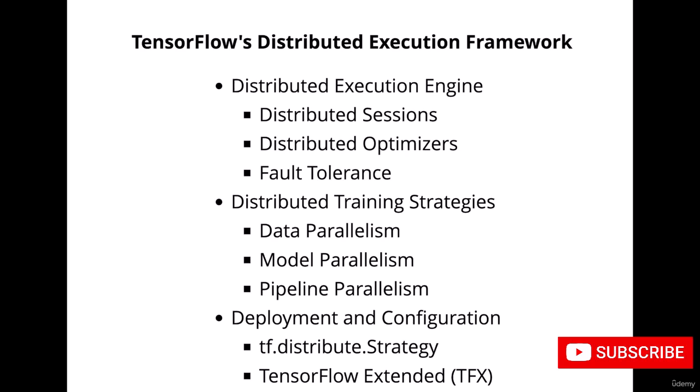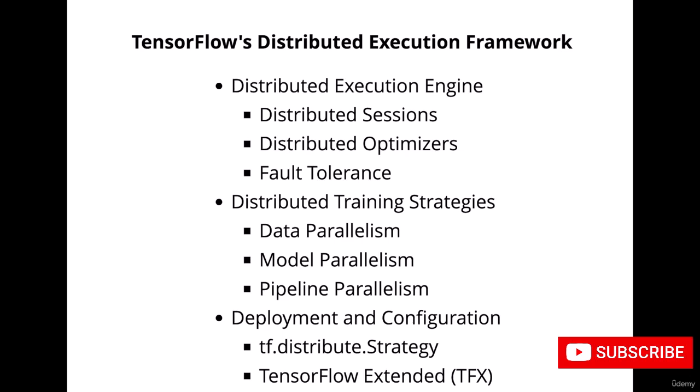Distributed optimizers. TensorFlow includes distributed versions of popular optimizers, for example Adam and SGD, that are designed to handle distributed training scenarios efficiently. These optimizers implement techniques such as gradient averaging, gradient clipping, and asynchronous updates to optimize performance and convergence in distributed setups.